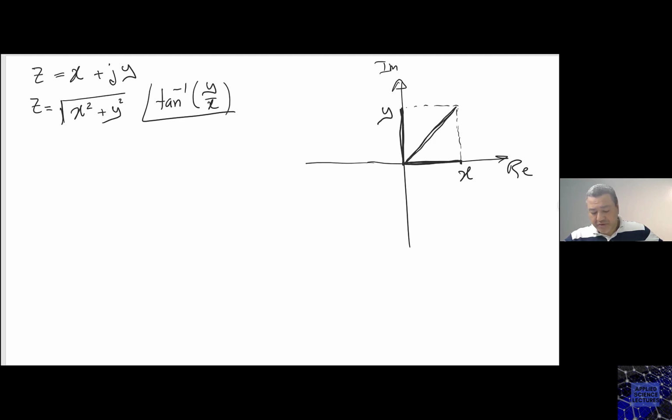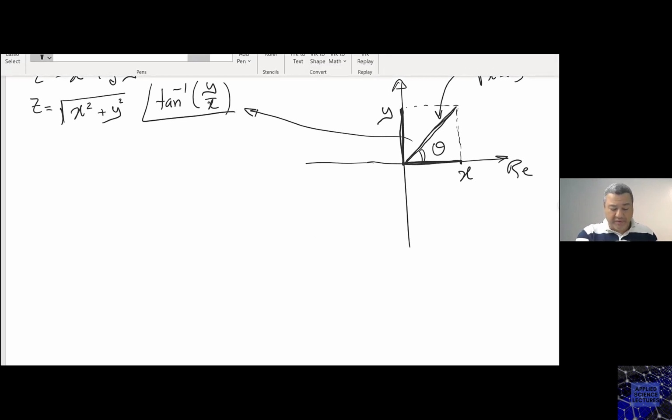So this one is the square root of x squared plus y squared, and then this is theta, the one that we talked about here. So this is theta. Positive, positive, you're going to get theta in the first quadrant. Okay, so let's look at the other three cases here.